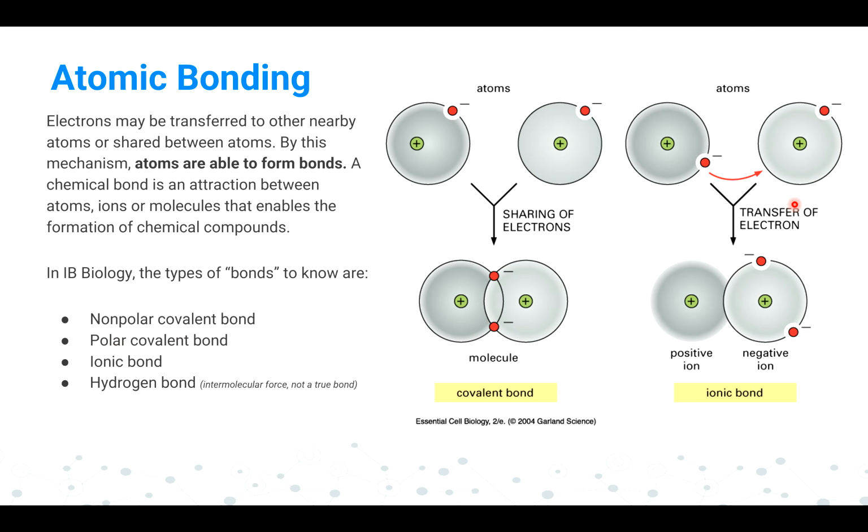Ionic bond, we have just discussed, is formed by complete transfer of electrons between atoms, and hydrogen bond we have discussed, where hydrogen comes in between two electronegative elements and a hydrogen bond is formed.